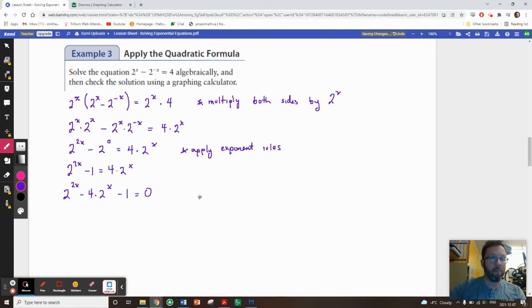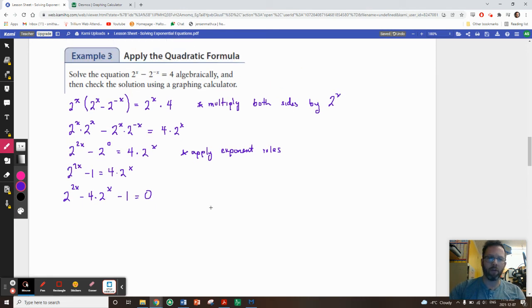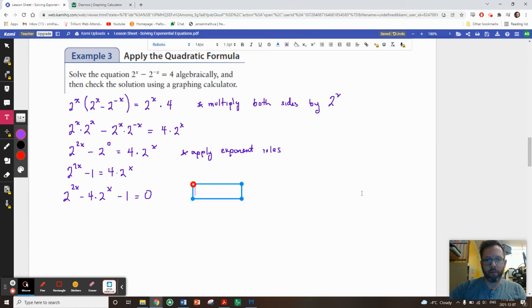And you still might be asking, well, how does this help? And where does the quadratic formula come in? What you have to recognize, and I might just write a text box over here, this actually is a quadratic equation, but it's not quadratic in x. It's not like x squared plus a number times x plus a constant.